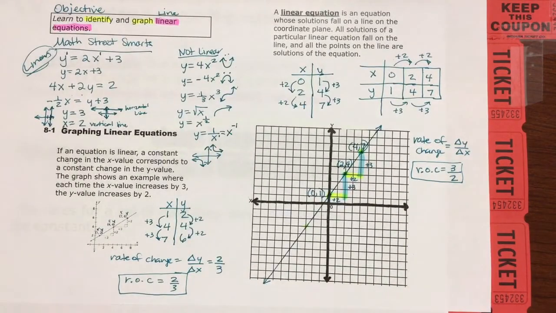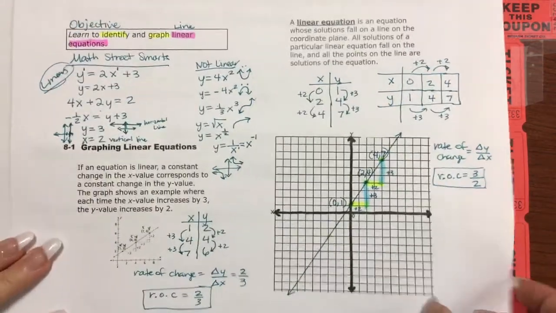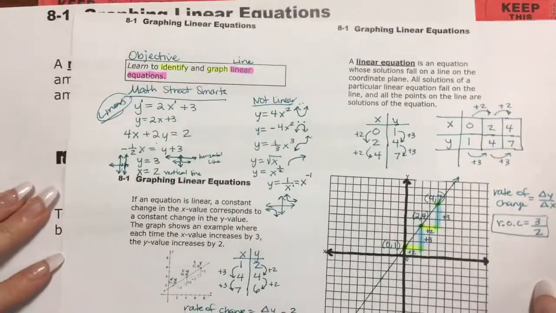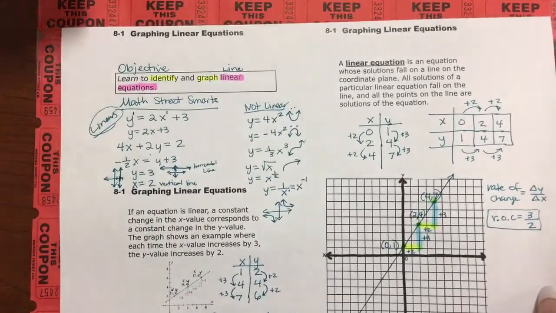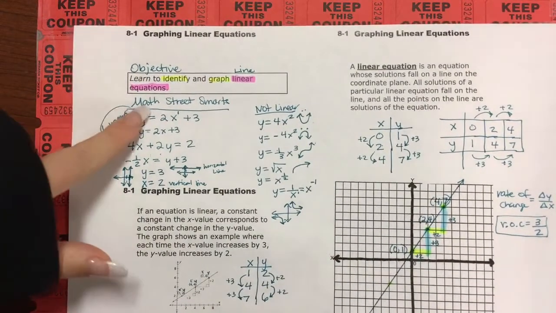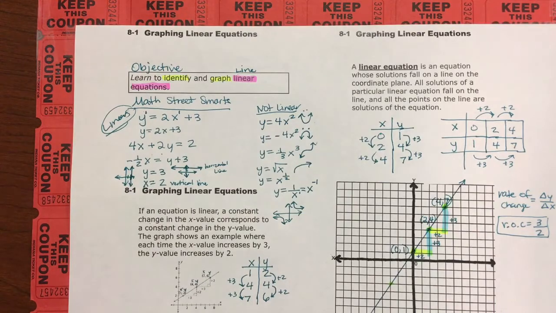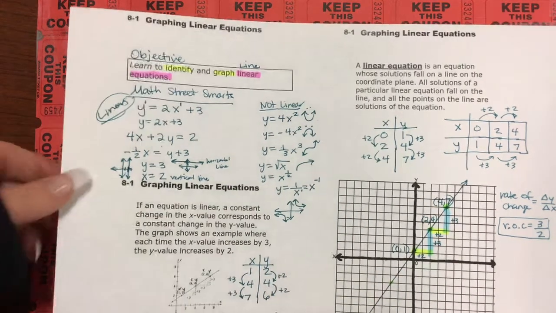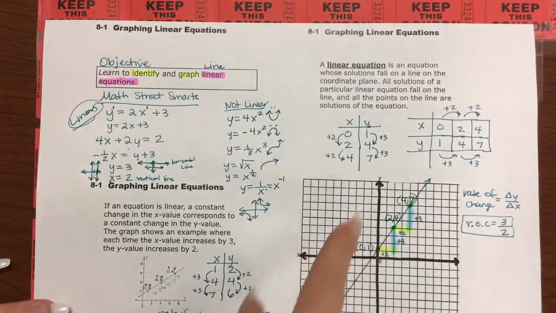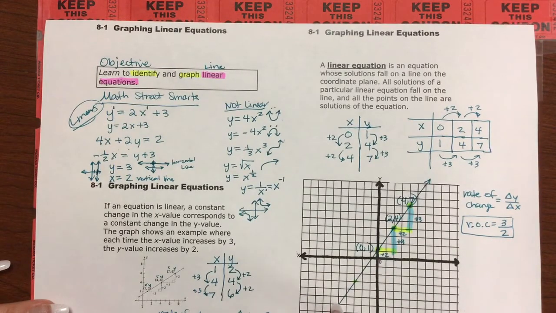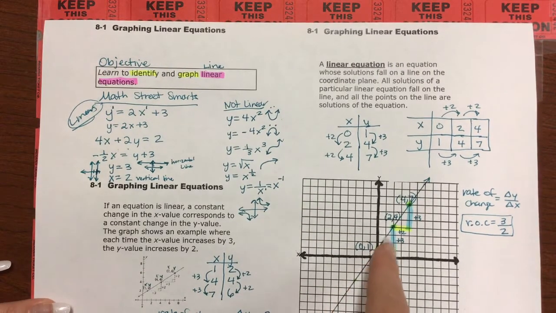All right, so we're going to go ahead and stop this video for right now. This is an introduction to Chapter 8.1, Graphing Linear Equations. So hopefully the little bit of street smarts helped you identify what's a linear equation and what's not a linear equation. Also talking about linear equations and the solutions, knowing that any point along this line is a solution.